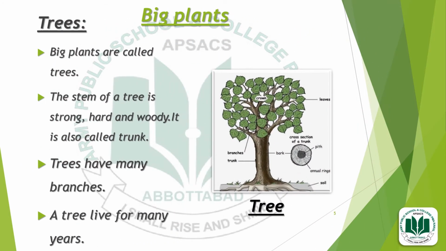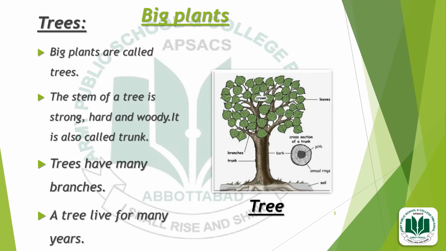Big plants. Students, big plants are called trees. The stem of trees is strong and woody. As you can see in the picture, the tree has a strong and woody stem.